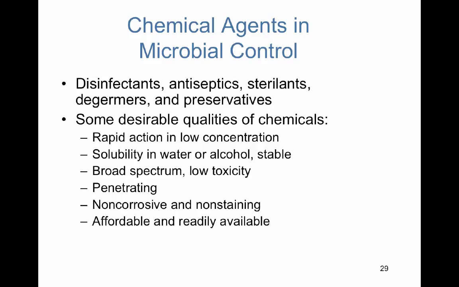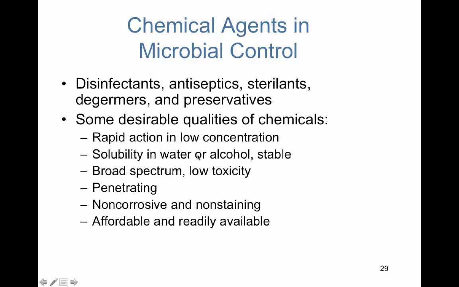So now we're going to move on to the chemical agents in microbial control. So these would be termed disinfectants, antiseptics, sterilants, degermers, and preservatives. And all of these that I'm going to go over have the following desirable qualities. So they're pretty effective at low concentrations.